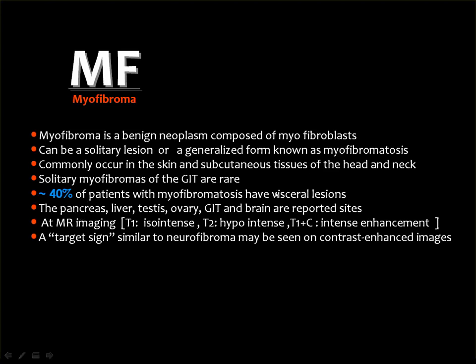Forty percent of patients with myofibromatosis may have visceral lesions. The pancreas, liver, testes, ovary, GI tract, and the brain are some of the reported sites. The lesion has, let us say, a characteristic signal, which is isointense in T1 and hypointense in T2 because of the fibrous component, and if you inject the lesion with contrast, it will enhance significantly.